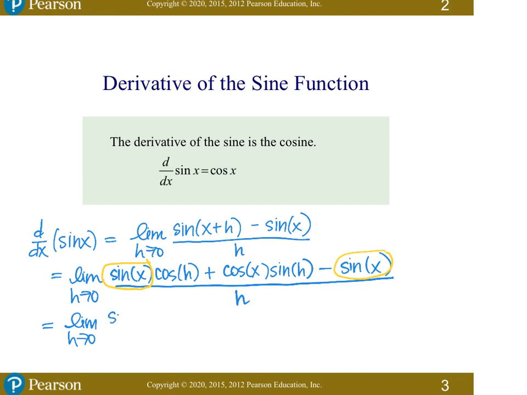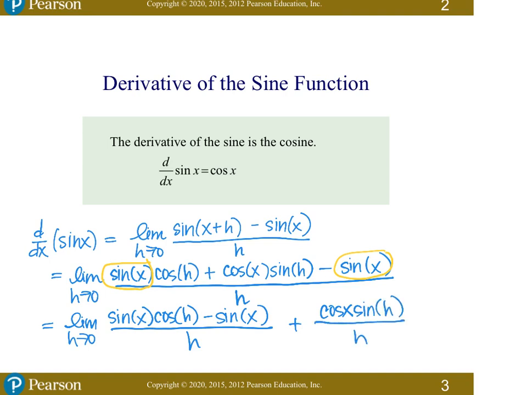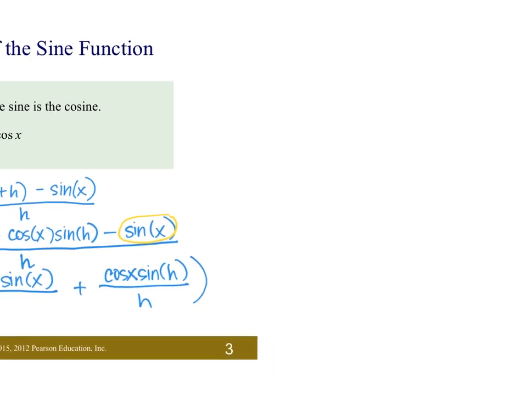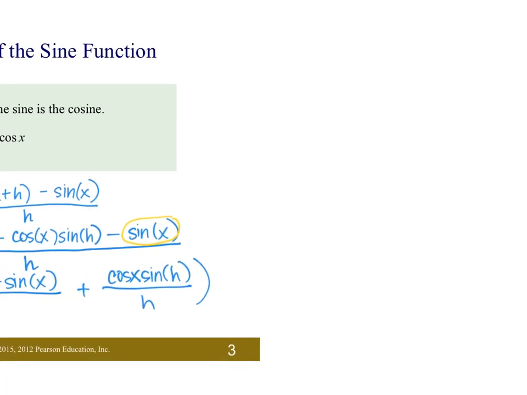So if we reorder this equation, we'll have the sine of x times the cosine of h, and then minus the sine of x, and those two things are in common, over h. And then we add to that the cosine of x and the sine of h, and they are over their own common denominator of h. And I'm going to put big parentheses around both of those. I'm going to have to slide over a little bit and give myself a little more space.